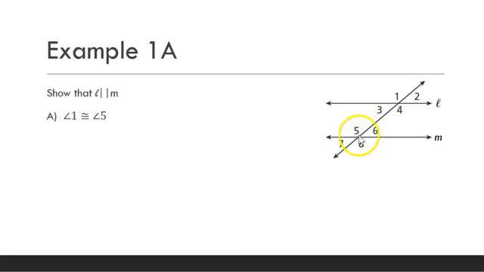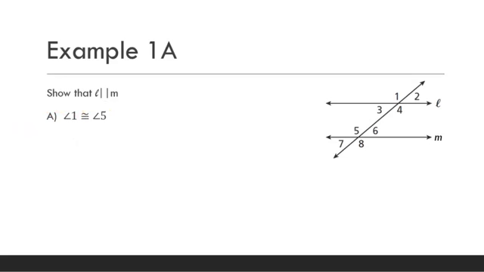And angle 5 is also to the left of the transversal and above the line that we think might be parallel. So they're both in the same general position, making them corresponding angles. And we happen to know that they're congruent, so I can use the converse of the corresponding angles postulate to say that these two lines are parallel.